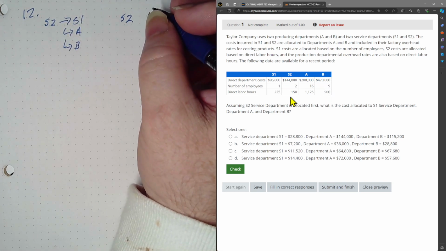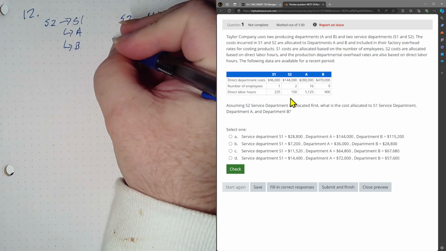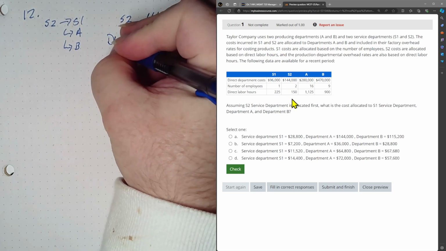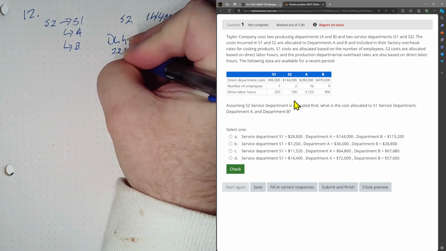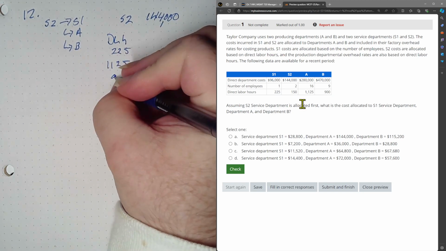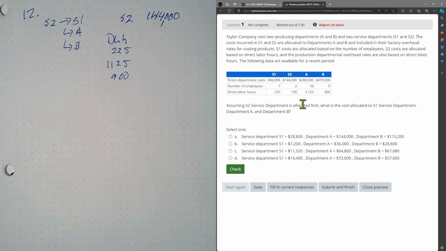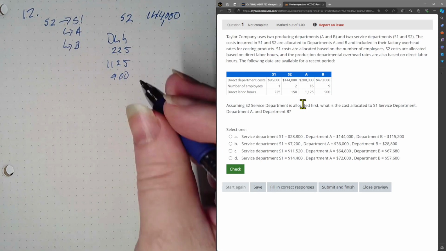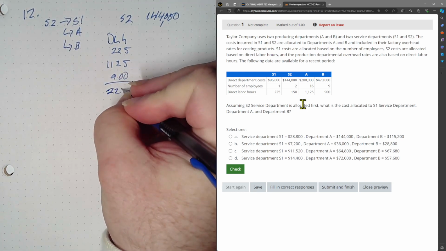So if we look at this, the direct labor hours are 225, 1125, and 900. If I add those together, I get a total of 2250.